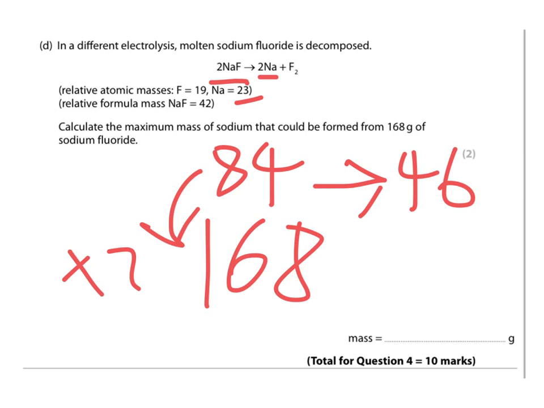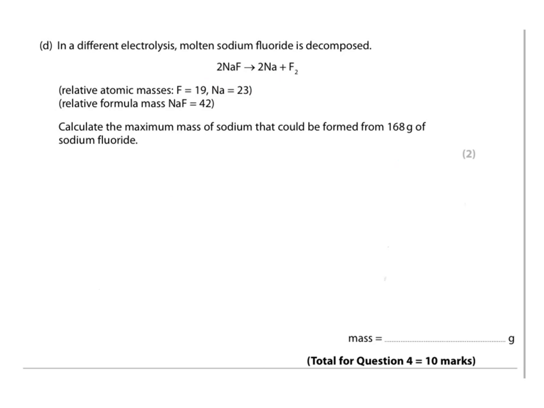Now, this method is one way you can use to work out this question, but it's not the method I'd use. I do something else which involves working out moles, which you may or may not have heard about, but I'll show you how to do it because it makes a bit more sense. So for questions like this, what we generally do in chemistry is we work out a thing called the moles. Don't really worry too much about what that is.